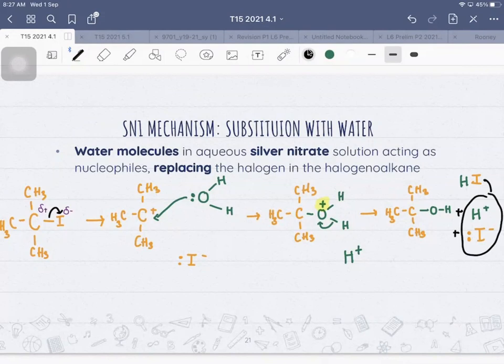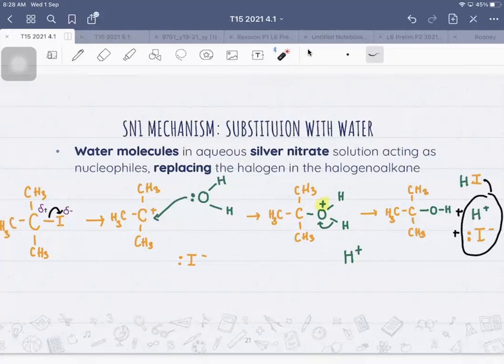Again, if you have remembered the steps in an SN1 mechanism, you should be familiar with the steps. They're similar. Everything is almost the same. The only thing that's different is here, where you have a positive charge on the oxygen, and then one of the oxygen-hydrogen bonds has to be broken so that you can donate that electron pair to the positive oxygen.